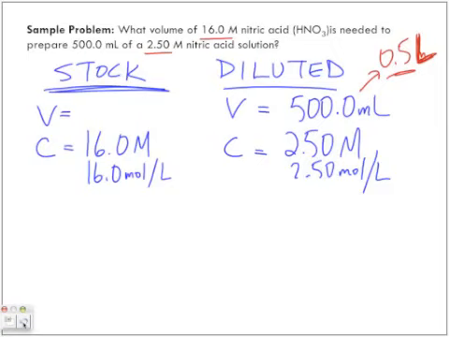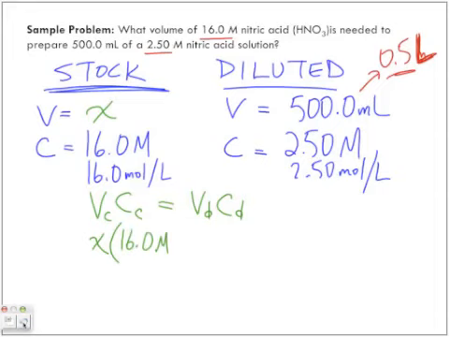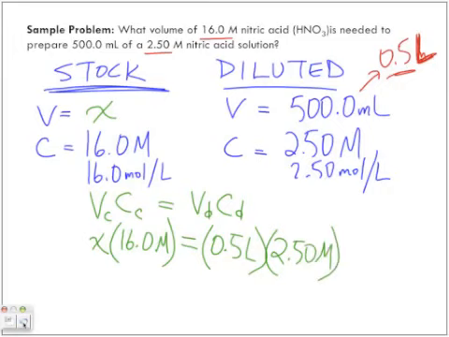So let's use our equation. Our stock system and our diluted. The volume of our stock system, that's what we're trying to find out. So we have X multiplied by the concentration of our stock system, which is 16.0 moles per liter, equals our volume for our diluted, which is 0.5 liters, times the concentration, 2.50 moles per liter.